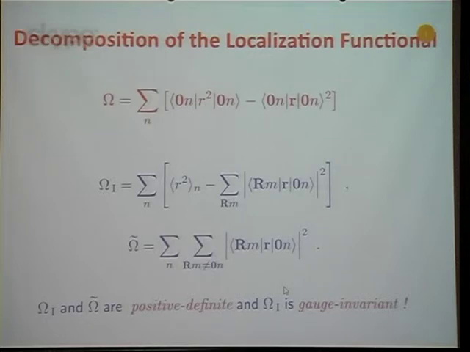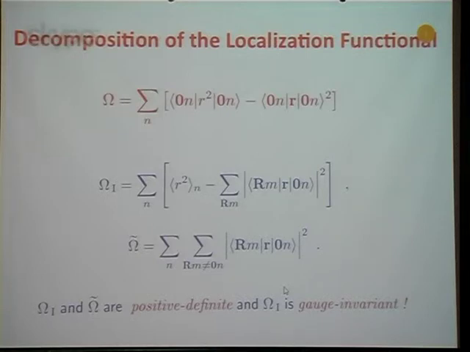And not only that, but one can show that omega I is what we call gauge invariant. So no matter what the unitary transformations U are that we choose, the value of omega I will not change. So when we maximally localize the Wannier function, we are only changing the contribution omega tilde to the localization functional.